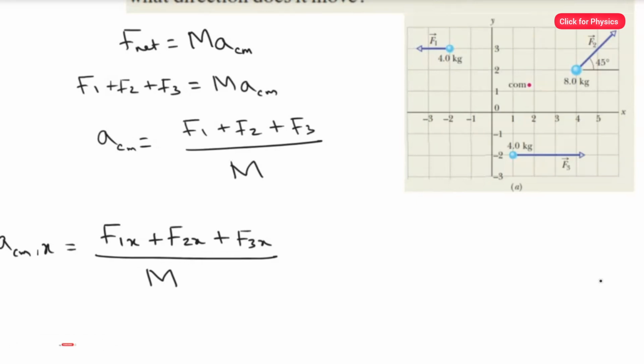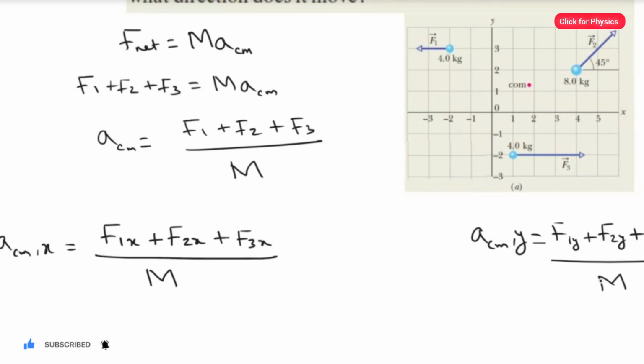And likewise, we have to find the acceleration of the center of mass for the y component, which is F1y plus F2y plus F3y divided by the total mass, which is M1 plus M2 plus M3. Now we have to substitute the values.